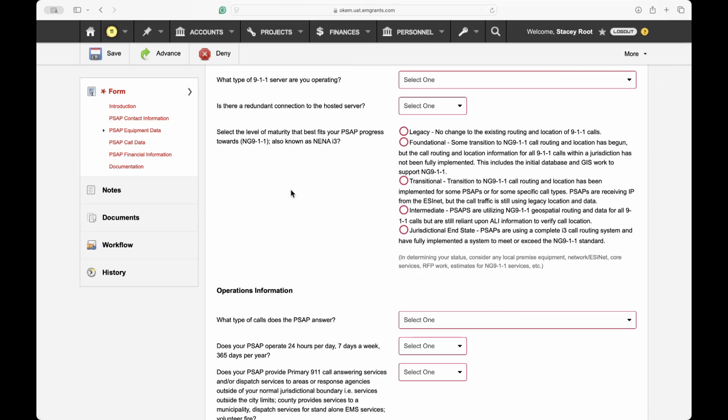So most of the PSAPs in Oklahoma are going to be foundational. That means some transition to NG911 call routing and location has begun, but the call routing and location information for all calls within the jurisdiction have not been fully implemented. This includes the initial database and GIS work to support NG911. So most of us are in that arena, with the exception, to my knowledge, of three distinct areas.